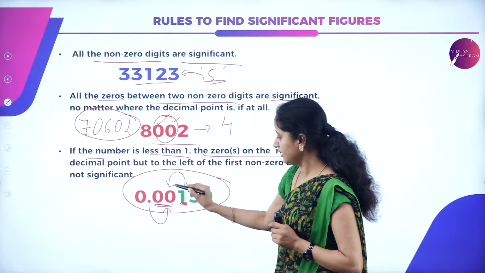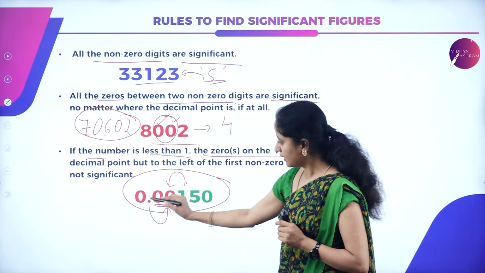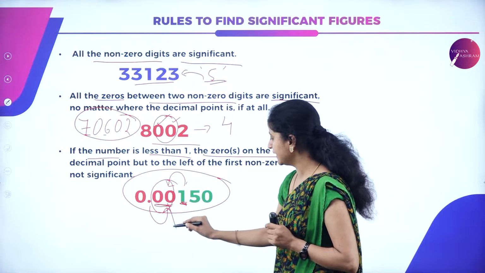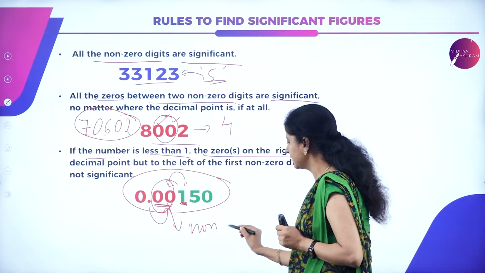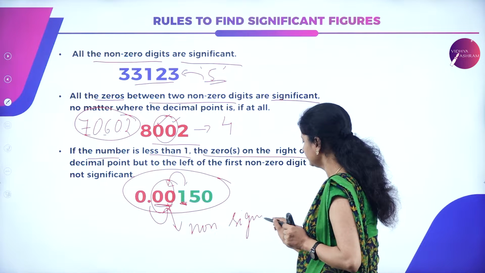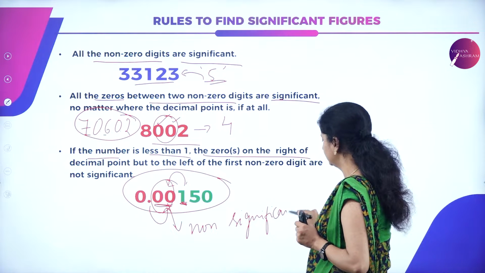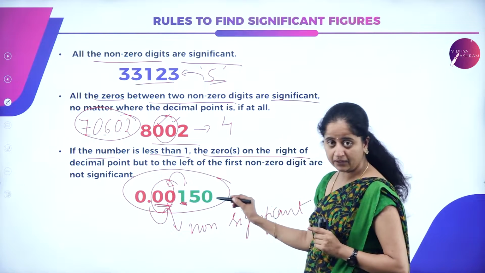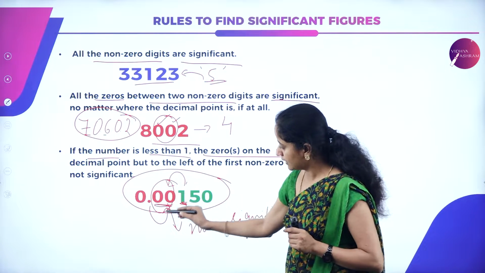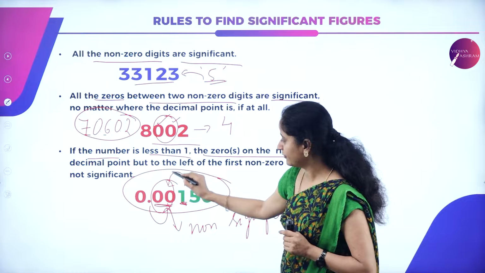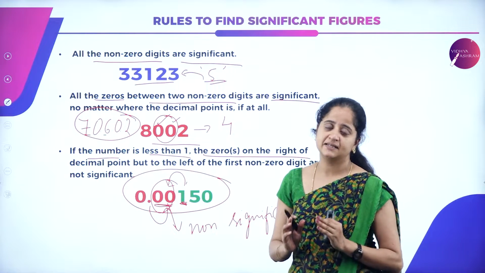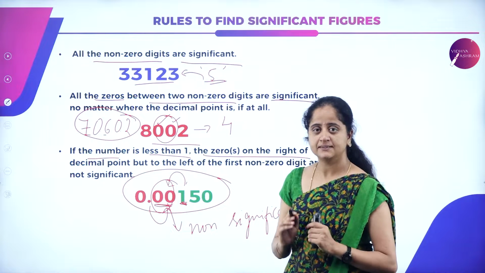So the zeros to the left of the first non-zero number and right of the decimal point are considered as non-significant. I hope it is clear. If the number is less than 1, the zeros right to the decimal point and left to the first non-zero digit are considered as insignificant. So this is the third rule.